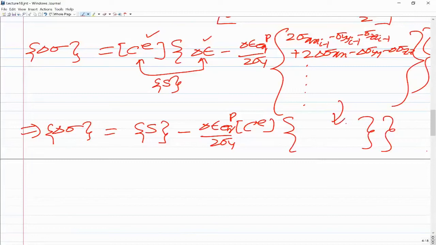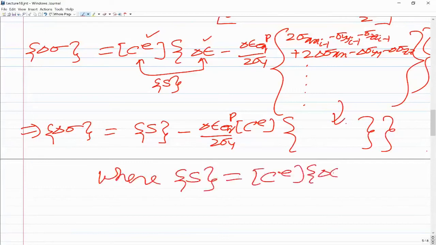All the set of terms will come over here. Here S is C into delta epsilon, so it is the elastic predictor. We are assuming that the stress is elastic, so this is also referred to as the elastic predictor.